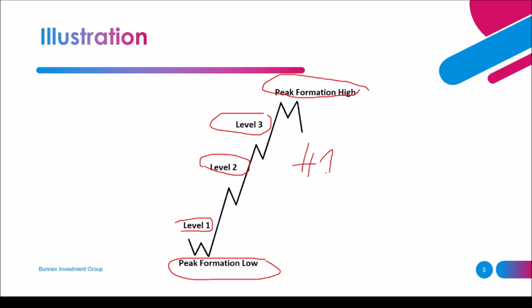And if we view that same chart on the daily time frame, the periods become months. Whenever we see a day of rise or a day of drop, we consider that a level. Whenever we see a week of rise or a week of drop, we also consider that a level. And whenever we see a month of rise or a month of drop, we also consider that a level.